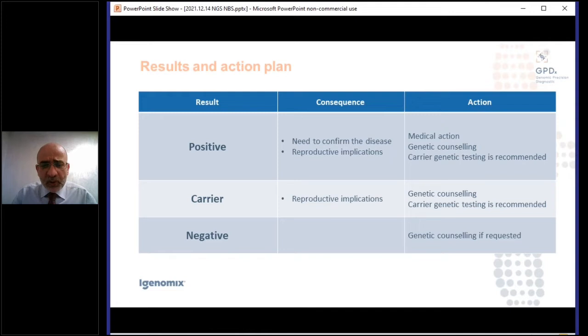Also, if we identify carriers, this will have reproductive implications, because if the baby is a carrier for a condition, then we will go back and test the parents to determine the carrier status, and we will provide the necessary genetic counseling. And for negative results, we can also provide counseling if required.